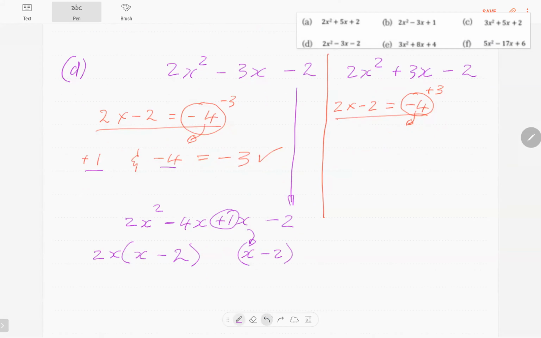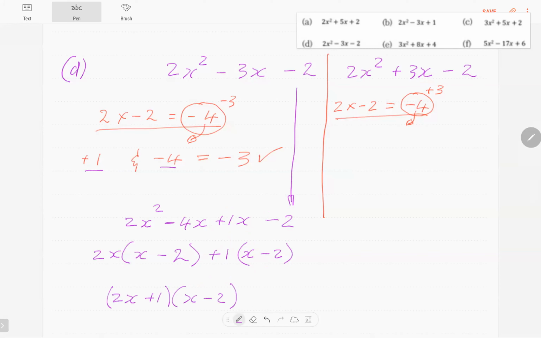Simple as that. Factor out the plus 1. And then you check it. This times this is this, which is good. And 1 times negative 2 is negative 2, which is that. You check. And so then it becomes this times this and that times that. All right, it becomes 2x plus 1, x minus 2.